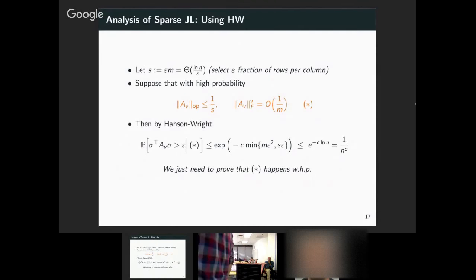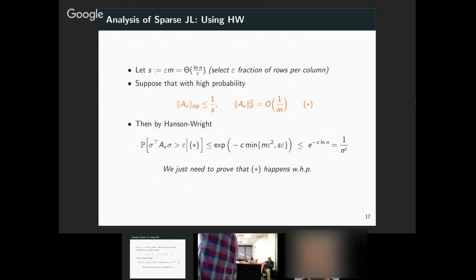So I'm going to set the sparsity to be epsilon times m. So basically, we have m coordinates per column, and we're selecting an epsilon fraction of them. And then if you assume that with high probability you have these two upper bounds, you can condition on that, and then just use the regular Hanson-Wright.